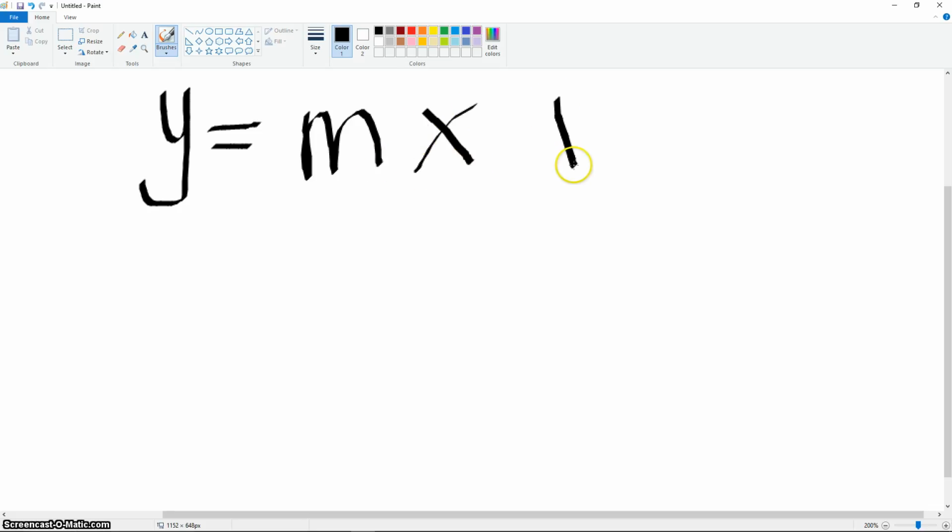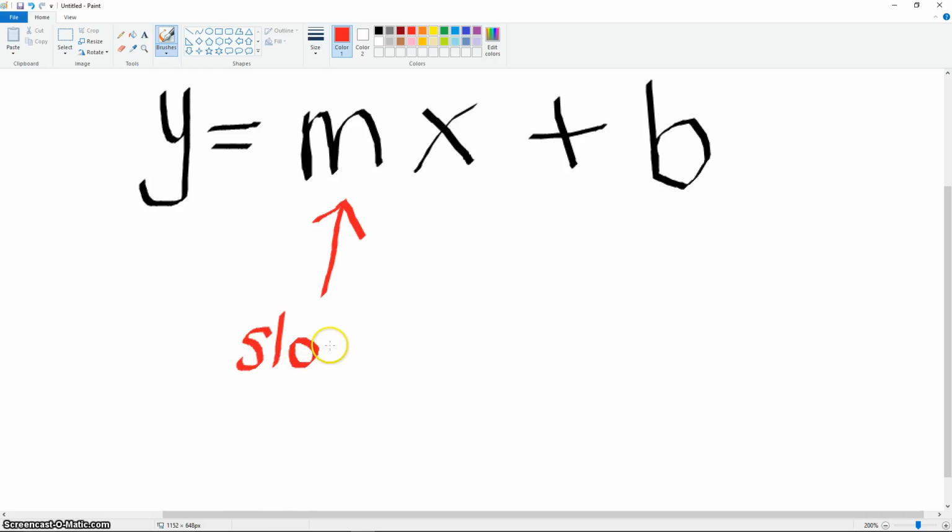You have seen this form before, specifically in your Algebra 1 class, and hopefully you will remember that the letter M in Algebra 1 stood for slope. And you should also remember that the letter B was your y-intercept.